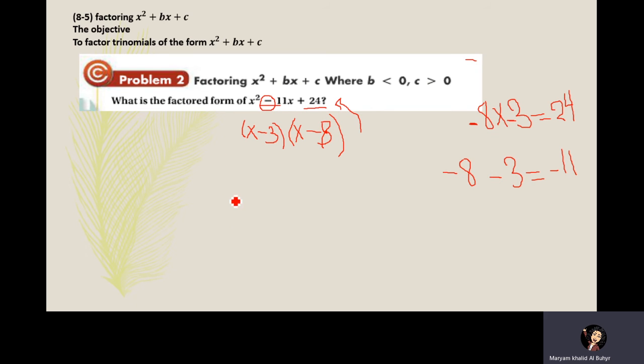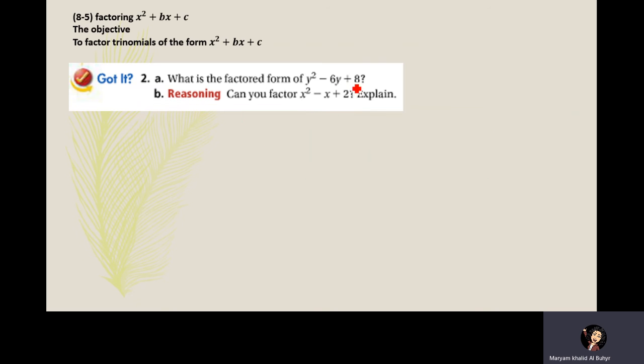Let me tell you again. You think about two numbers. Once you add them or subtract them, you will get the number that you have here, with its sign. The same two numbers, once you multiply them, you will get the number that you have here. Let me do this one with you.